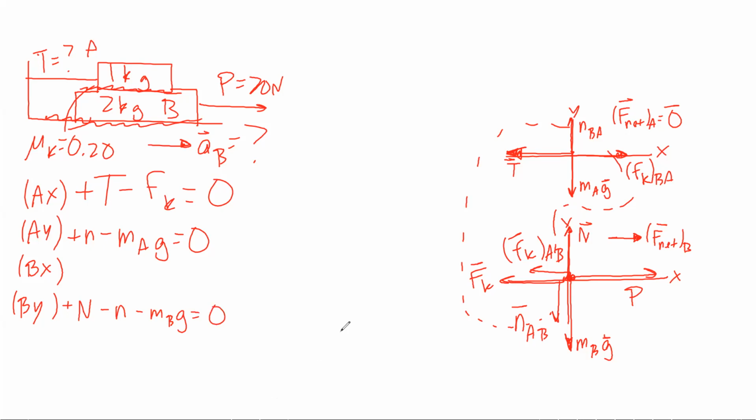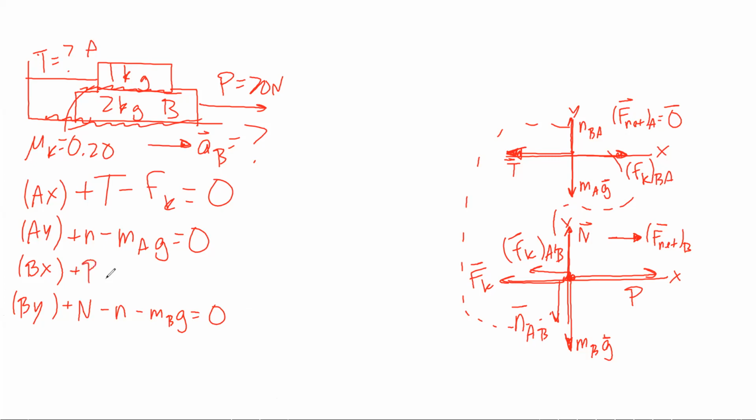If at any point you see an error, please stop me so we don't go too far down the rabbit hole. And then finally, the A direction, we've got the big push or the big pull.